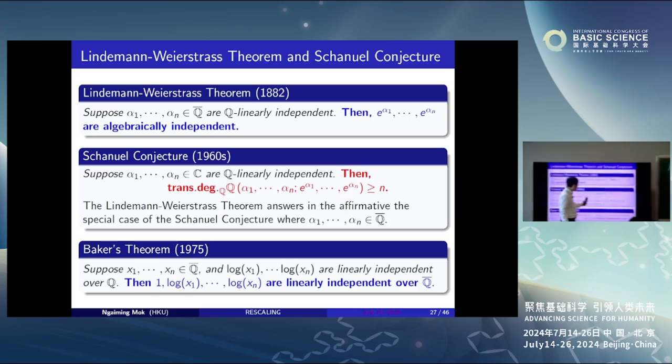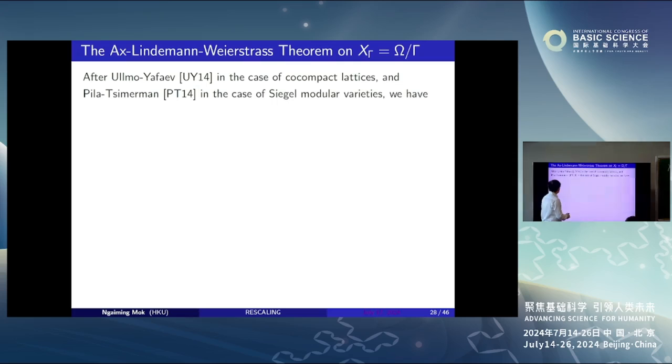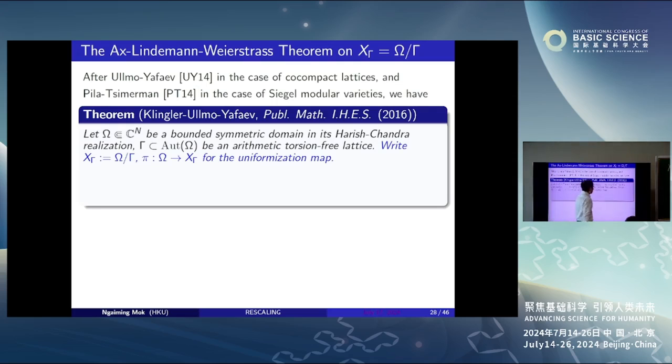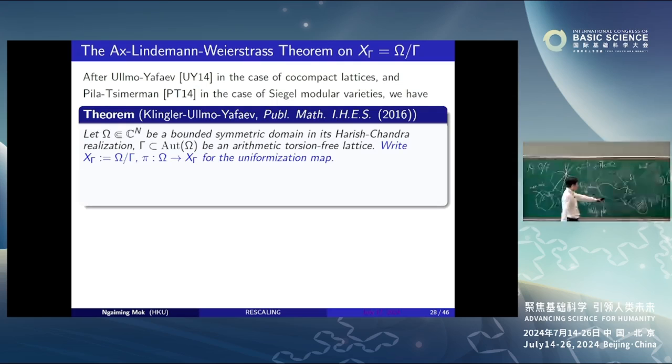If you just look at a situation where these are algebraic, this is still unknown. And even a special case of this, done by Alan Baker, was considered a big achievement in this direction. Okay, so the Ax-Lindemann-Weierstrass theorem says that this is totally geodesic. How does this relate to transcendental number theory? I will have to explain a little later.